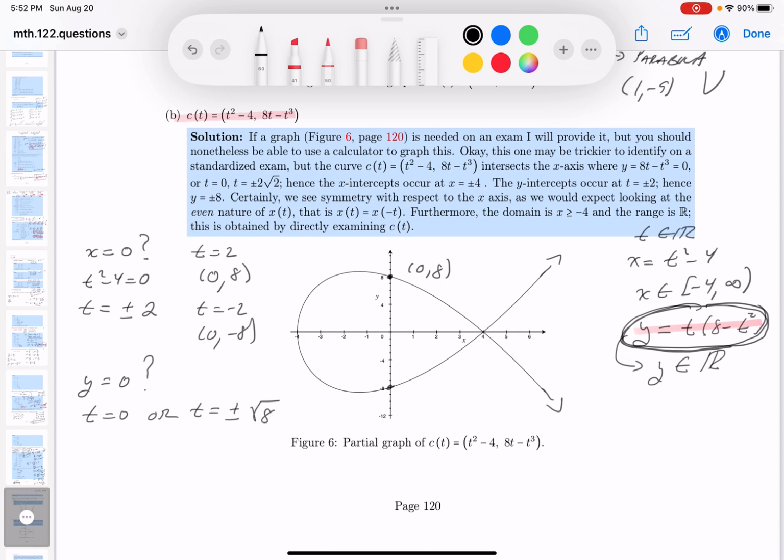All right, that's a nasty number, but nonetheless, it's not that bad to do. So let's write this down. So when t equals 0, y would be 0. All right, what's the x going to be? Minus 4. Where's that point? Right here.